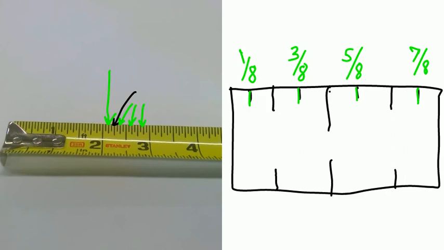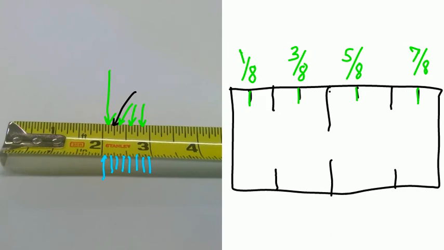Now, when you look at the tape measure, again, you can see that there's another set of lines that's a little bit smaller, right? They're the smallest ones that are there. That one, that one, that one, there, there, there, there, and there.